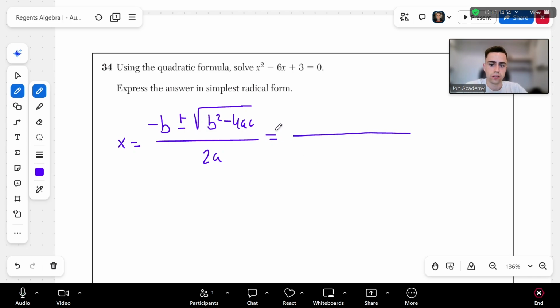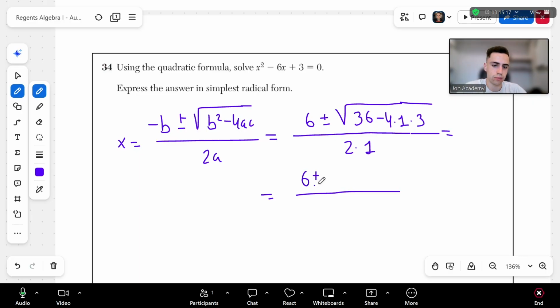So minus b is gonna be 6 plus minus the square root of 36 minus 4 times a times c, which is minus 4 times 1 times 3, and divided by 2a is gonna be 2 times 1, no?